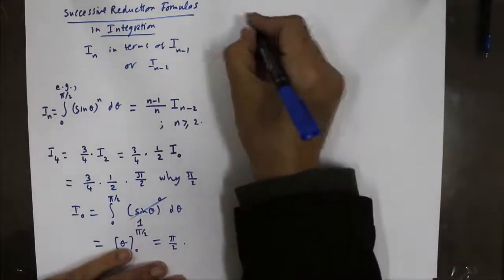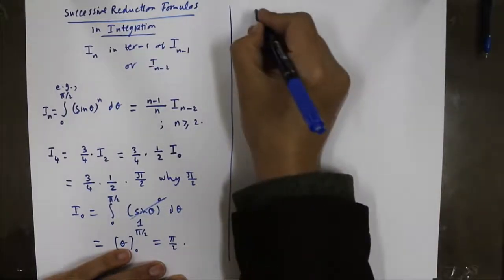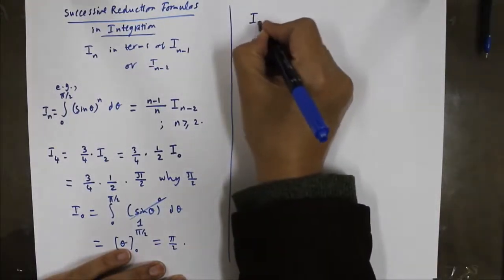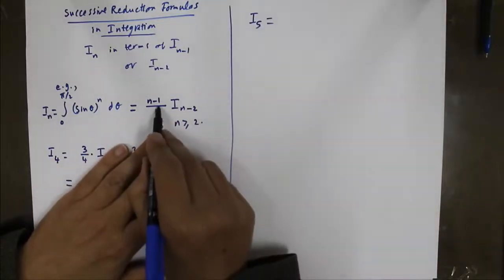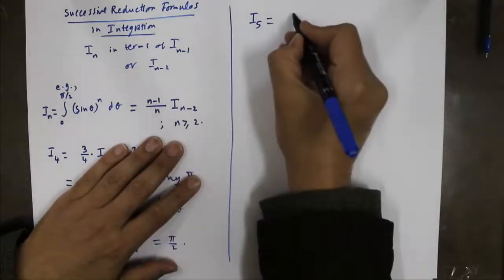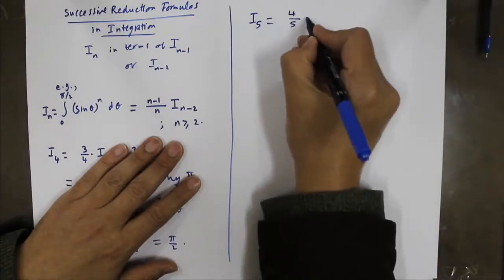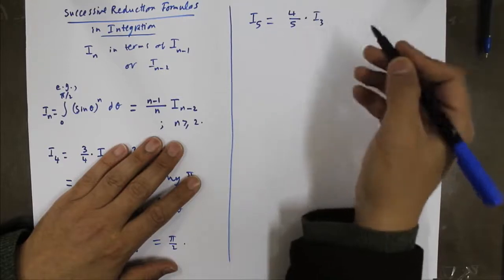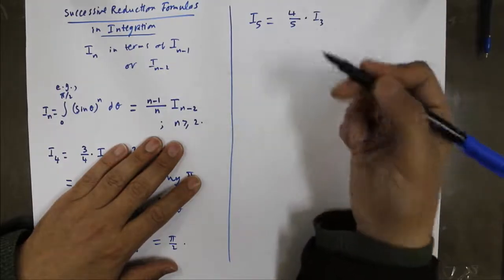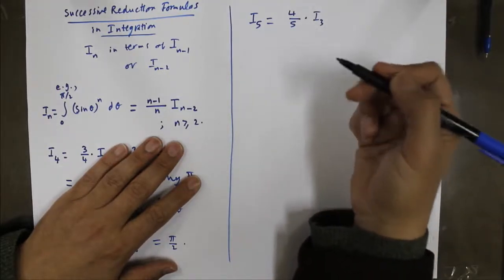If we begin with I_5, we apply the same formula again. The formula says n minus 1 over n, so it is 4 over 5 times I_3. But what is I_3? This is the successive reduction idea.